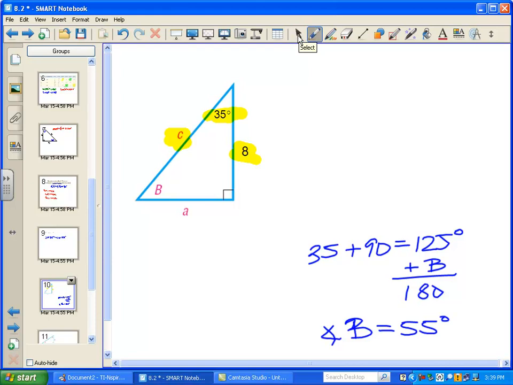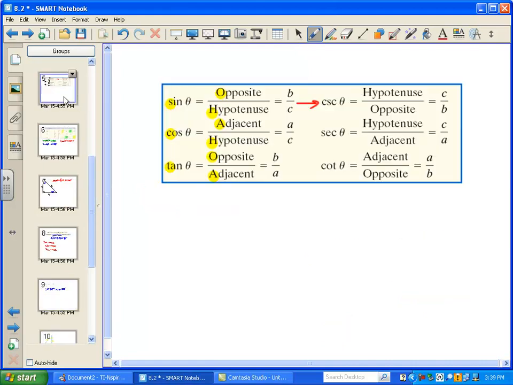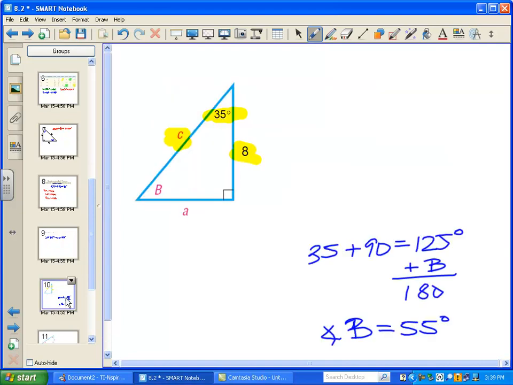And if I'm going to utilize the adjacent and the hypotenuse sides, if we go back to this chart, the adjacent and hypotenuse sides were incorporated by cosine. So let's take the cosine of 35 degrees is equal to adjacent over hypotenuse.